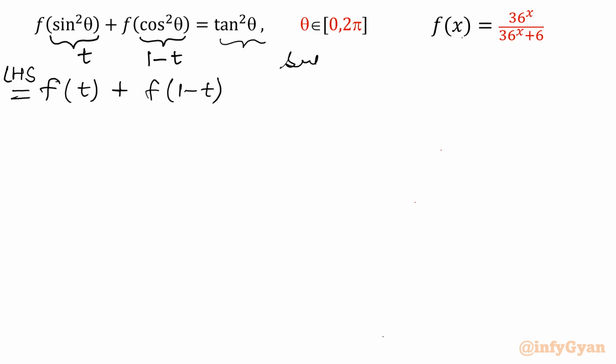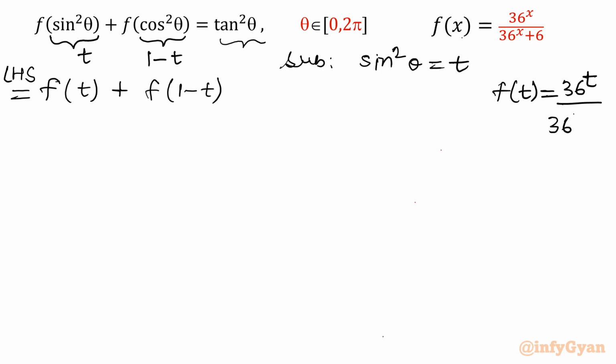Substitution: we have taken sin²θ equal to t. Since f(x) is given, f(t) would be 36^t over 36^t + 6.